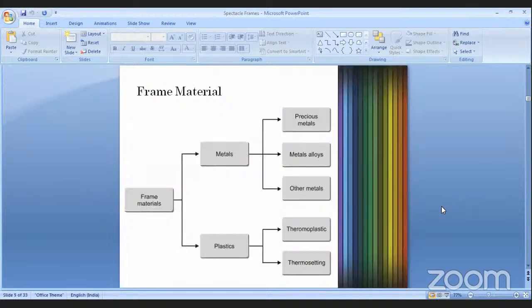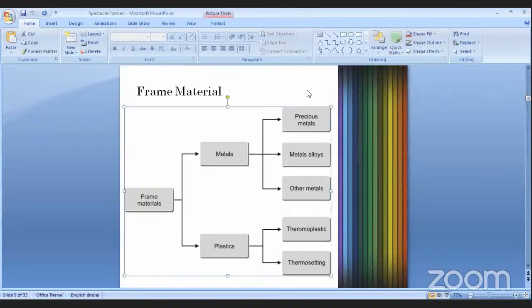As far as materials are concerned, basically there are two types of materials used to manufacture the frames: metal bodies and plastic bodies. Among the metals, we have precious metal frames made of metal alloys and other metals. And in plastic, we have two categories of plastic material.